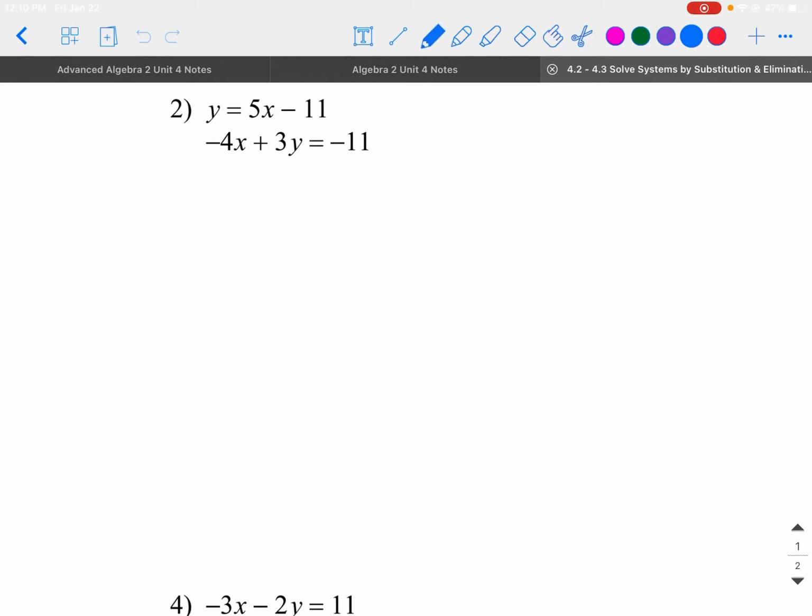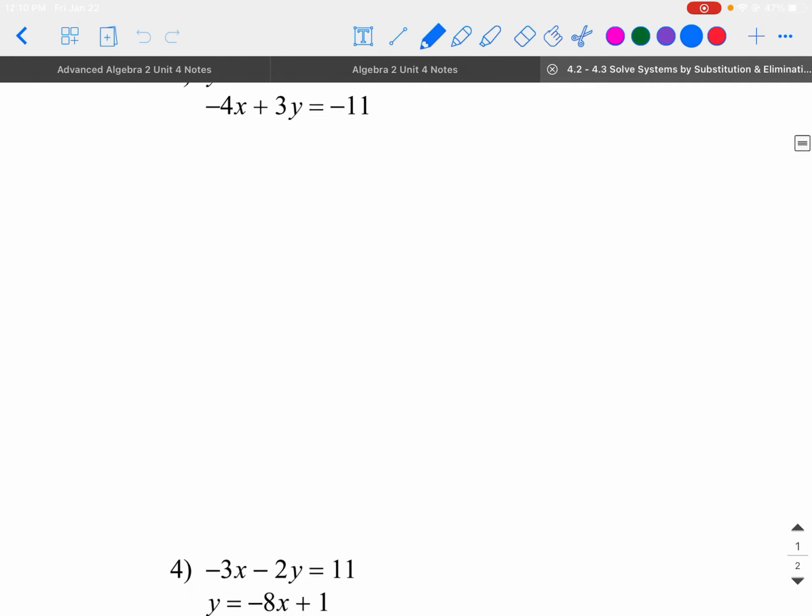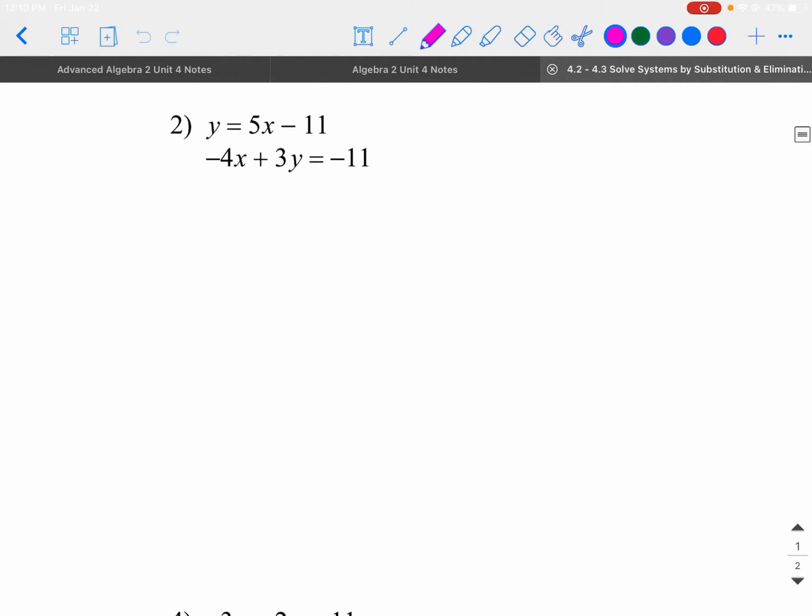Let's start with number 2. The front side is substitution, and when we have substitution, you're going to take whichever equation is y equals. If you have 2, just pick one of them, and we're going to circle or box in whatever y equals. So y equals 5x minus 11.